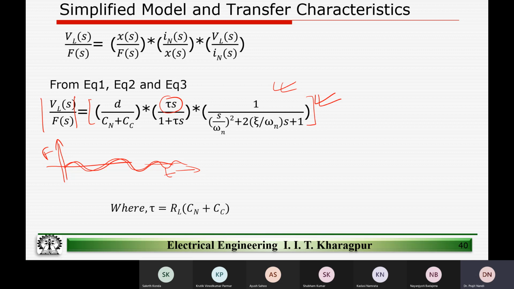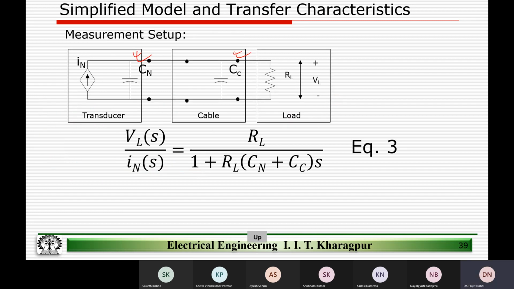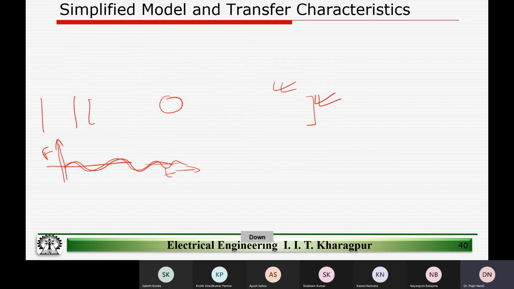So if you see the problem with this kind of a measurement setup, if I am trying to measure the charge of the piezoelectric material using the setup that I showed here, I land up in a problem.